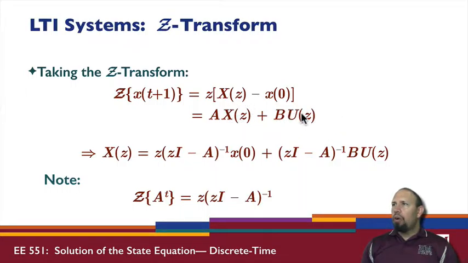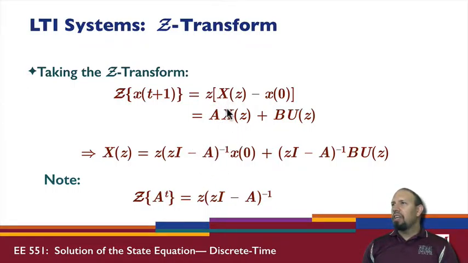And so we can now solve for X of z. Notice this quantity must be equal to this quantity. I can take the X of z over to the other side, and when I do, I can factor out X of z. I'm missing a step between here and here.